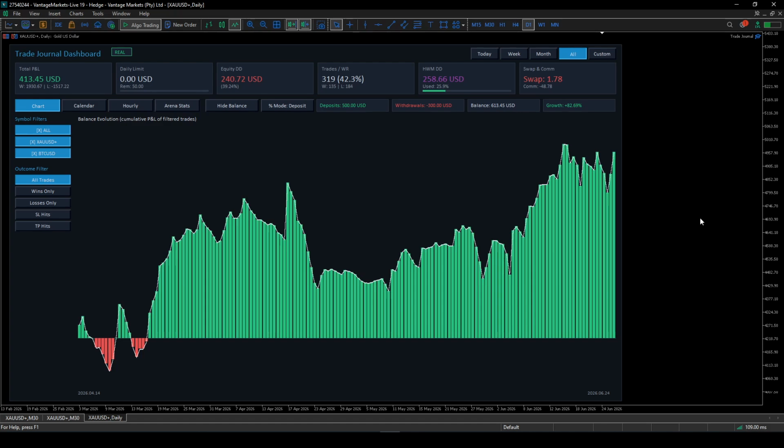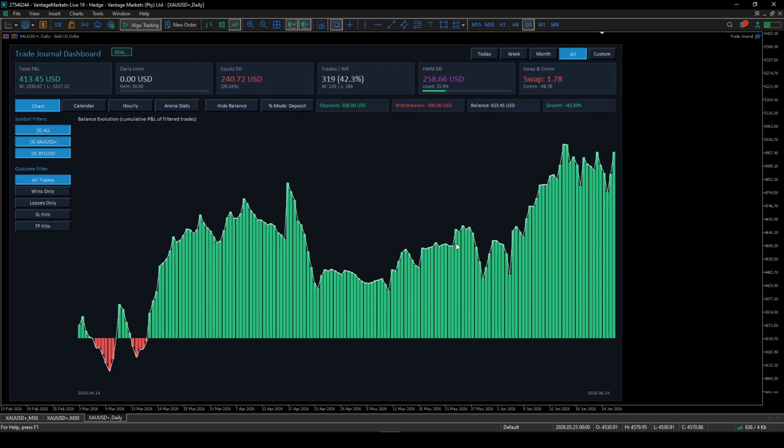Before I show you the features, I want to quickly explain why this matters, because a lot of traders skip the journaling part, and that's actually one of the biggest mistakes you can make.